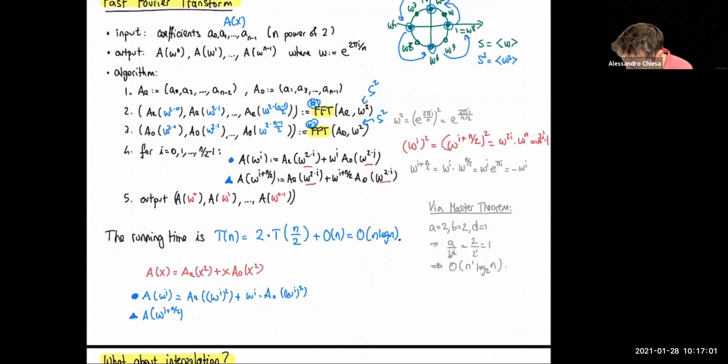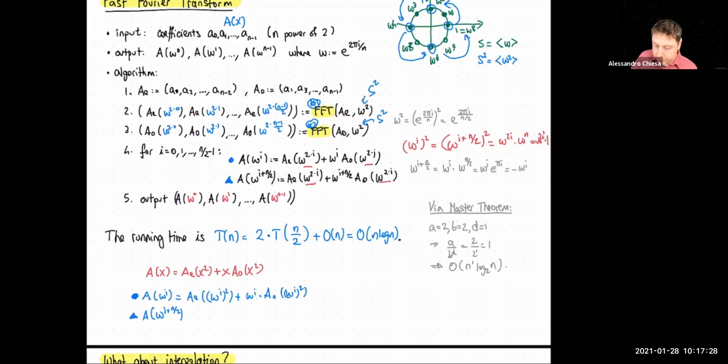Why is there a minus there? Right, because it squares to the same thing. This one also squares to that thing over here. If you take omega to the I plus n over 2, that is omega to the I times omega to the n over 2, which is omega to the I times e to the pi i, which is minus omega to the I. So when you square it, you get omega to the 2i.